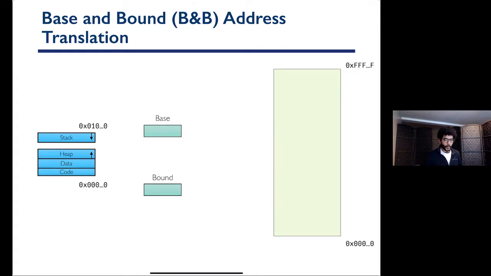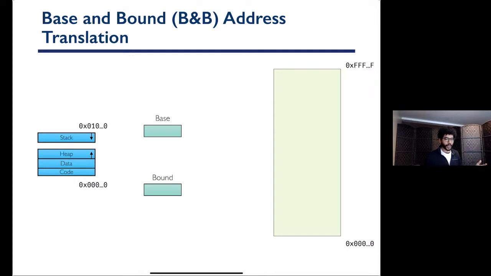Before, we had a base and limit for each program and allowed each program to generate physical addresses. So basically the program generates physical addresses, and then I compare the physical address with the base, and then I compare with the bound, and then I make a decision if this was okay or not.